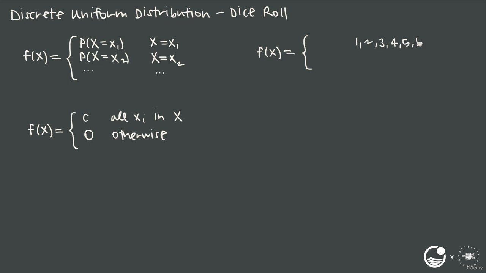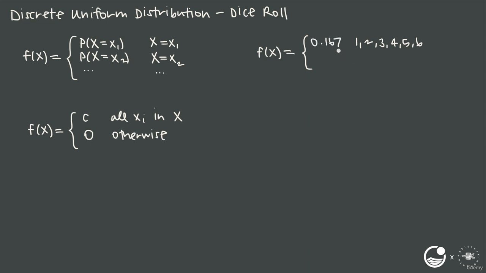Each of these values has a 1 in 6 chance of occurring. We have a 1 in 6 chance of rolling a 1, a 1 in 6 chance of rolling a 2, a 1 in 6 chance of rolling a 3, etc., all the way up to 6. We have 6 equally likely outcomes, so for any particular outcome, the probability is 1 in 6. We could convert it to a decimal, approximately 0.167.